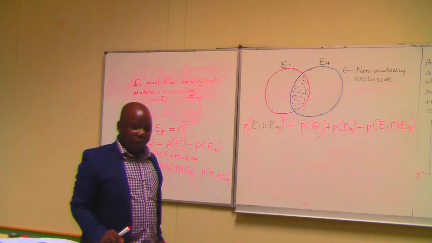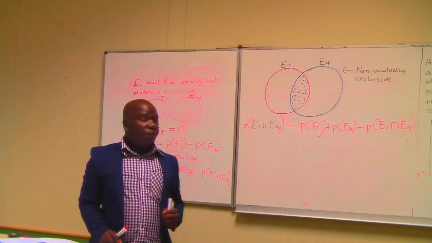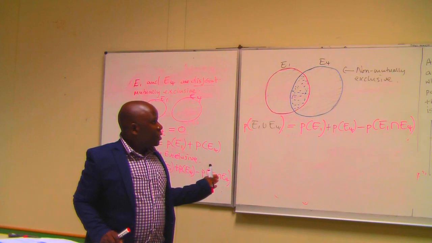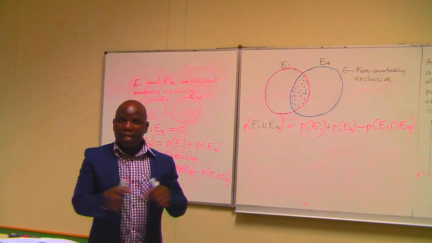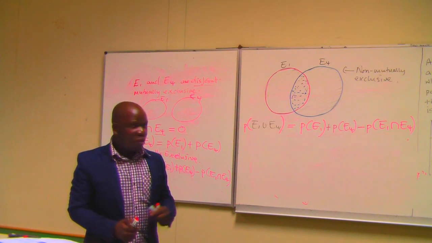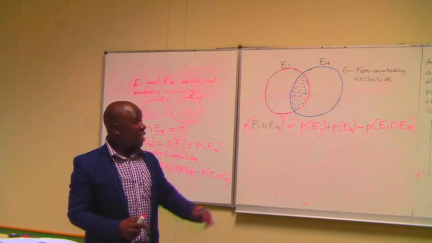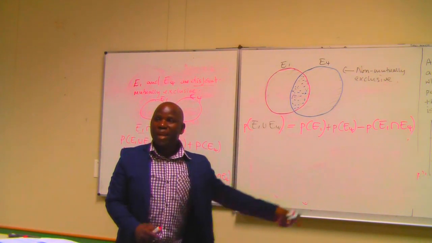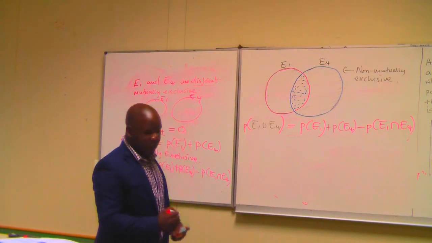Now, what are exhaustive events? Two events are said to be exhaustive if the sum of their probabilities is the entire sample space. I'm going to illustrate this by a simpler example, but I want you to identify which events, amongst all those that I've given you, are exhaustive.